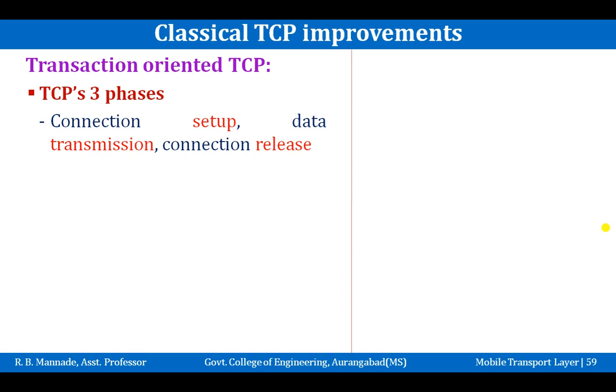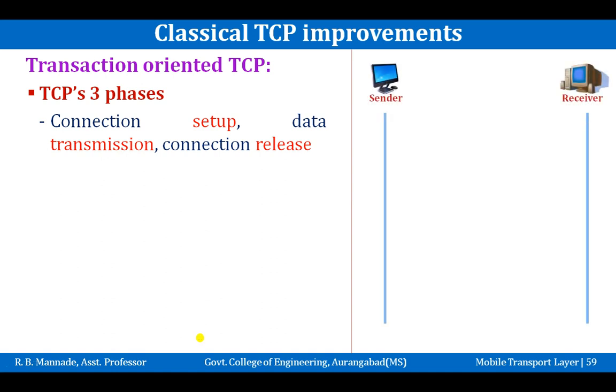A sender that uses TCP cannot transmit data immediately. Before that, the sender needs to set up the connection, then the actual data is transmitted, and when transmission is over, the connection is released. So there are three phases: setup, data transmission, and connection release.